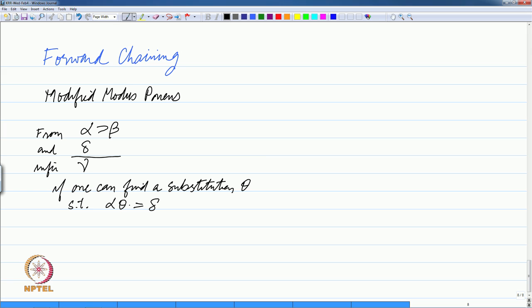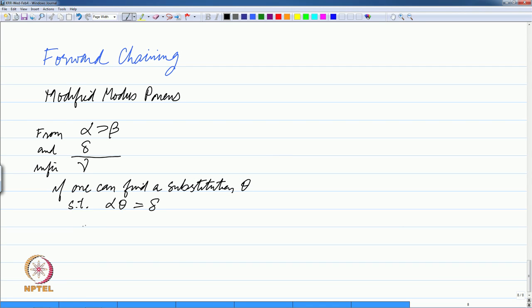In this notation, what we are saying is that we have applied the substitution theta to the formula alpha essentially. So, wherever the variables that are talked about in theta are present in alpha, we have substituted them with whatever the substitution specifies. So, if we can find a substitution theta such that when we apply it to alpha, that formula alpha theta becomes equal to this formula delta, then we are in a position to apply modus ponens.